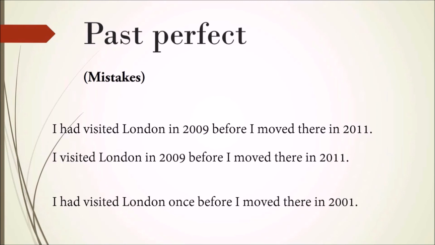I had visited London once before I moved there in 2001. In this occasion, we don't have here 2009, so we don't know exactly the moment that I visited London. When I visited London, you don't know. So in this occasion, I will use past perfect with the first action, as we don't have here time expression.